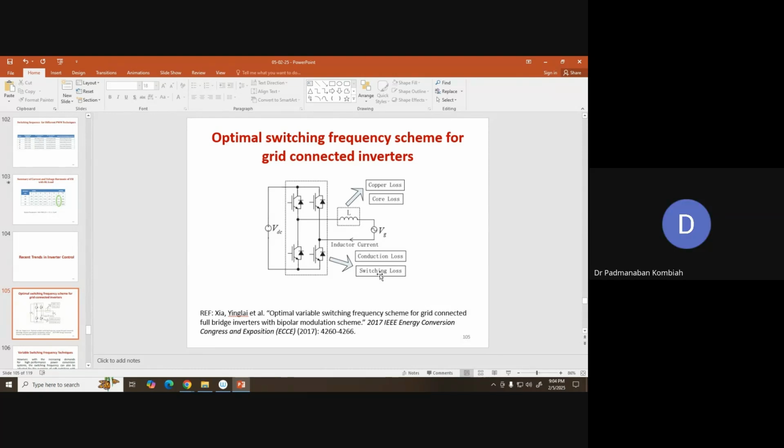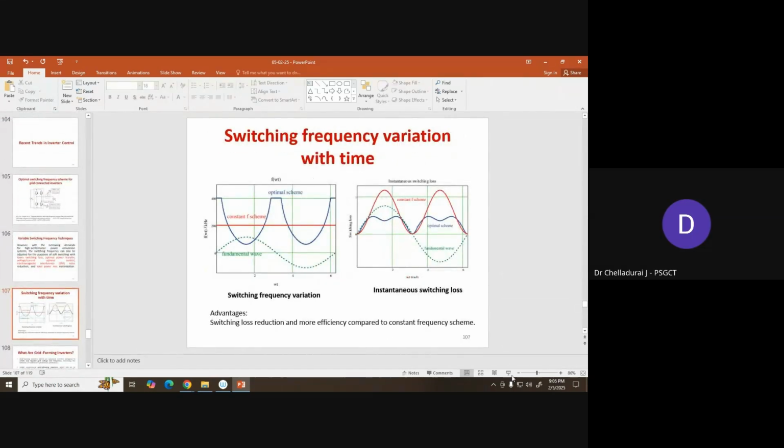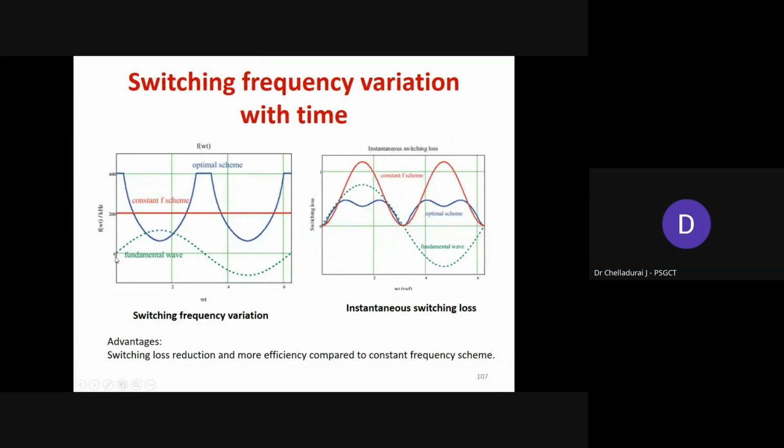Just one or two very important pieces of information related to this. So in the optimal switching frequency scheme, see here, with respect to this fundamental voltage, the switching frequency magnitude. Normally in any PWM technique, the switching frequency magnitude is always constant. But some other PWM techniques are available to improve the performance of the VSI. One method is the variable switching frequency concept.